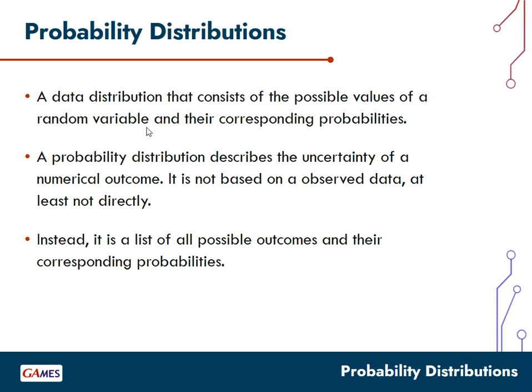So for each event in your experimentation, as you assign the corresponding probabilities, the associations that are now formed make up your data distribution. This data distribution, or probability distribution, has a notion of uncertainty. It tells you how uncertain the numerical outcomes are.